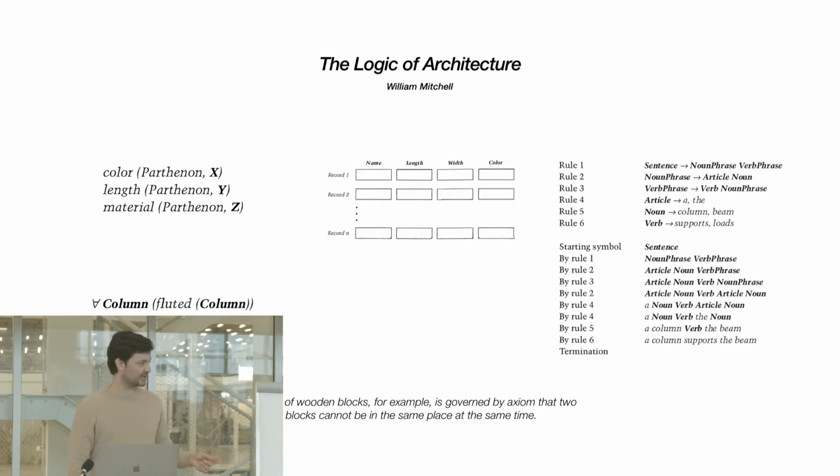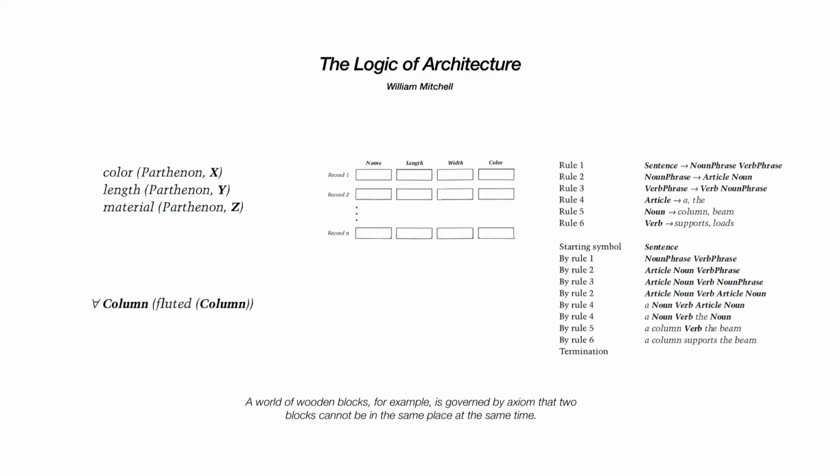Or, for example, this is completely the language of logic on the bottom left. How to describe that each column should be fluted. He says for each column, fluted should be its property. So it's a very logical way of describing things. He also gave an example of how an axiom should look in this design process.